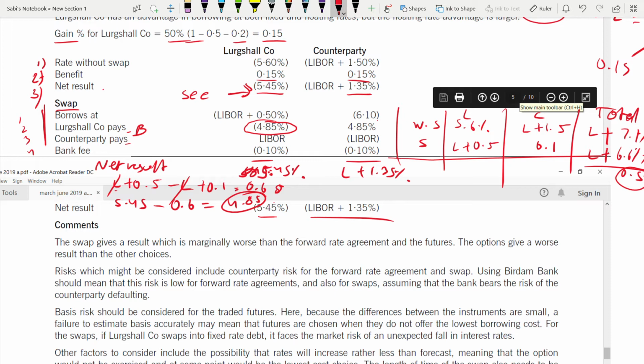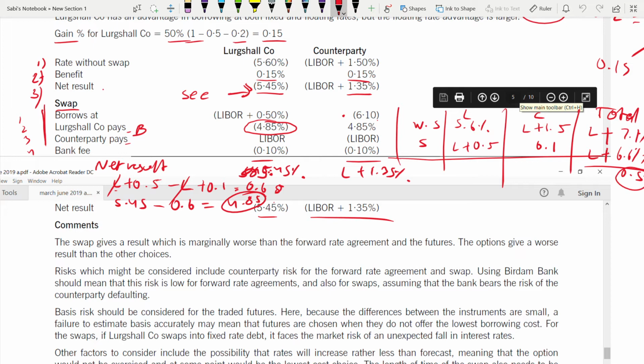Can we check for the counterparty? Of course, if for one party we are right, then for the other party it will also be right. But still, for your clarity, I will show you. For the counterparty also, we check. We are starting from here. 6.1% we are paying, and how much we are receiving? 4.85. So 6.1 minus 4.85, we are having 1.25.